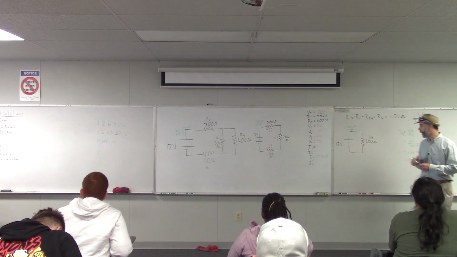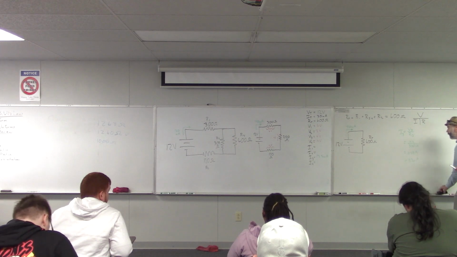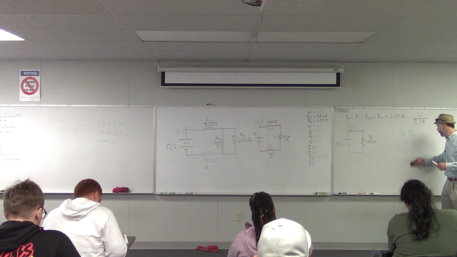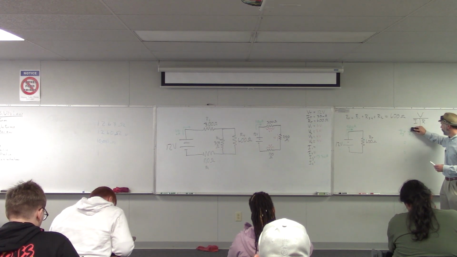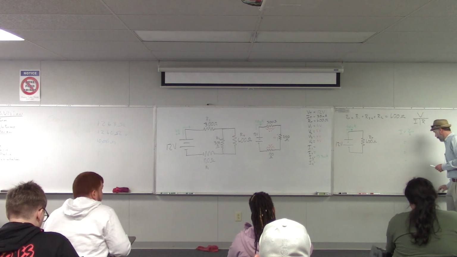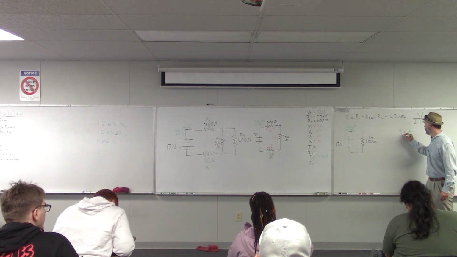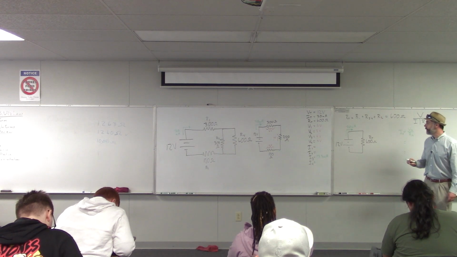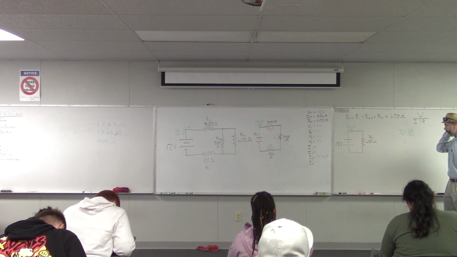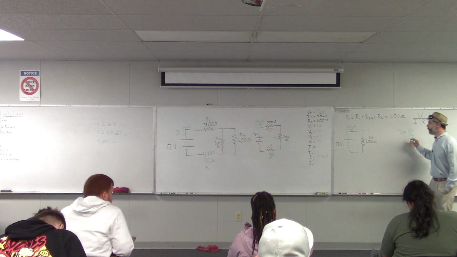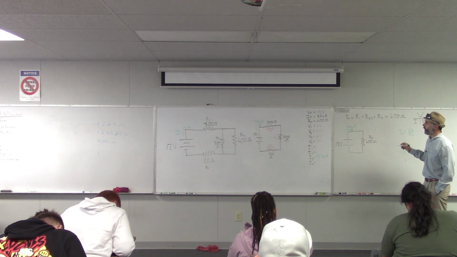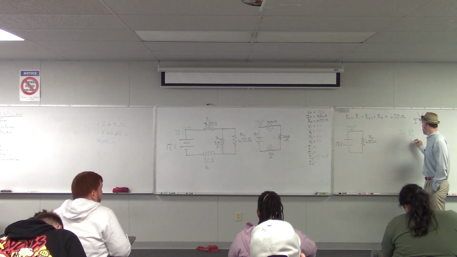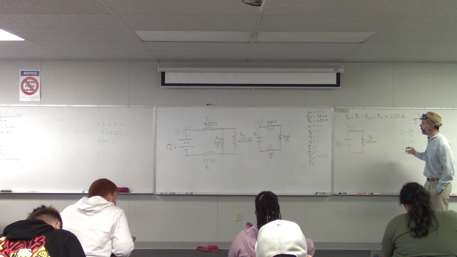So that's I3. We could do the same thing for I4 also, right? I4 is V4 over R4. V4 is also 4 volts, and then R4 is 600 ohms.